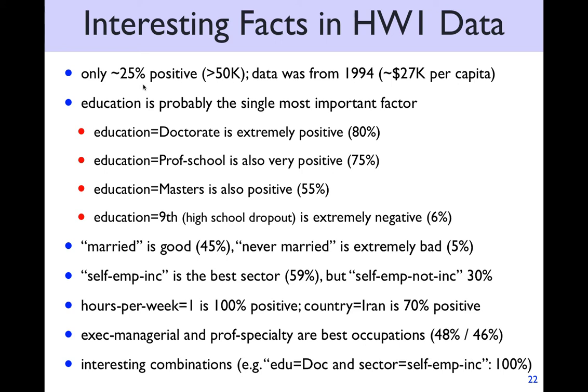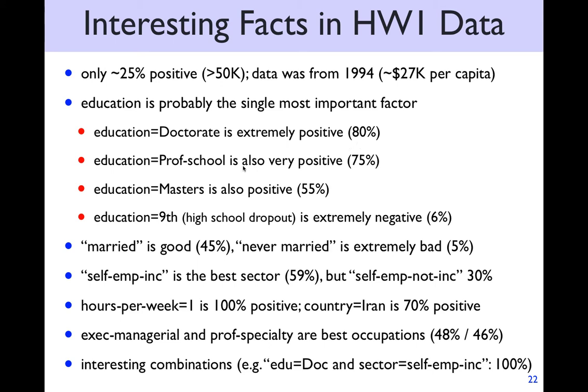Okay, and if you look at all these fields, the third field, that is education, is by far the single most important indicator, right? So if education is doctorate, it's almost certain, but actually not exactly 100%, like 80% of the people who have a doctorate degree are earning more than 50K.